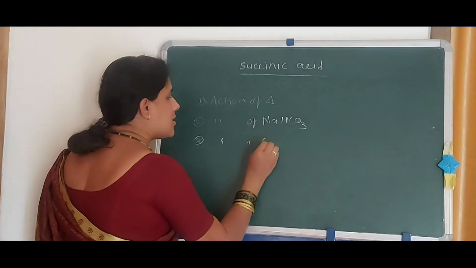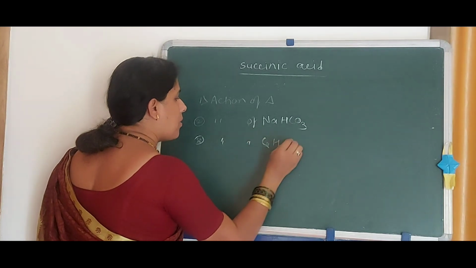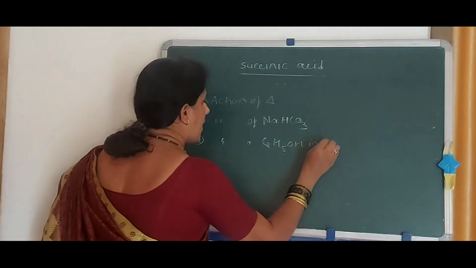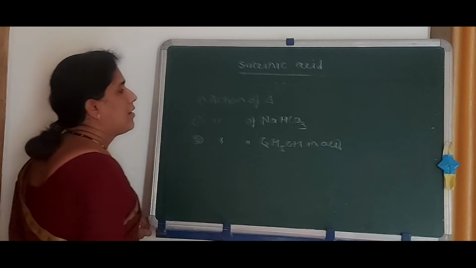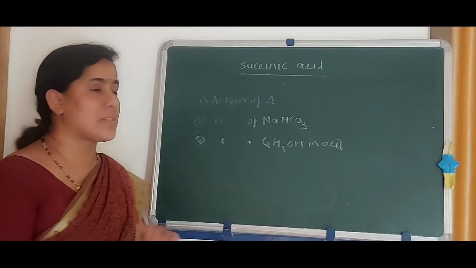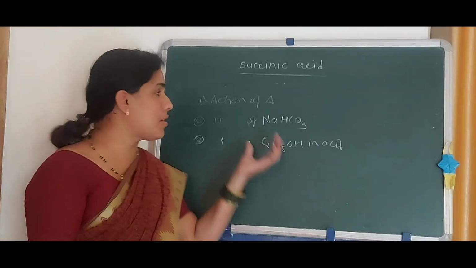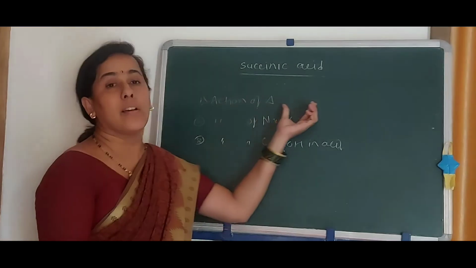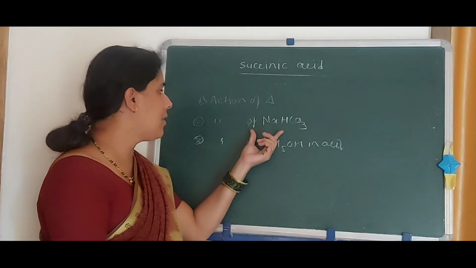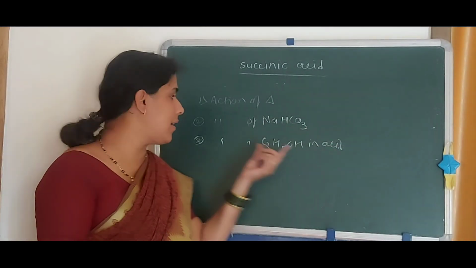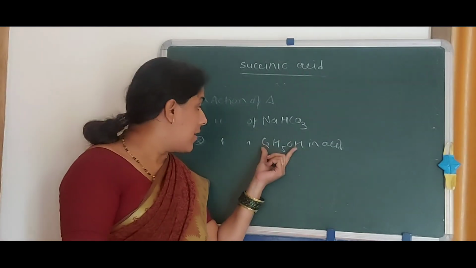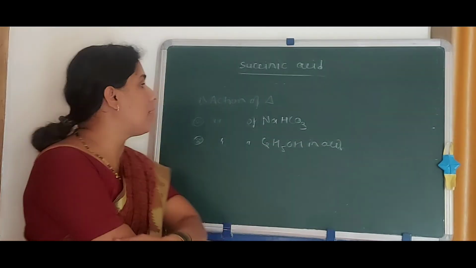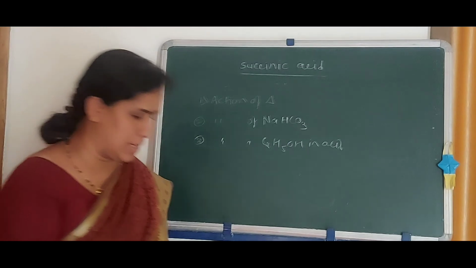Action of C2H5OH in acid. Thus in these very simple reactions, what are the products here? Succinic anhydride, here the disodium derivative of succinate, and here diethyl succinate. Now last point is about its uses.